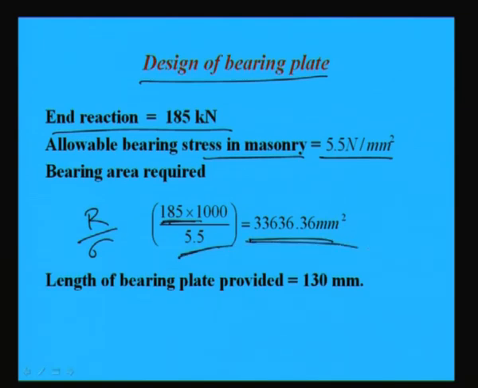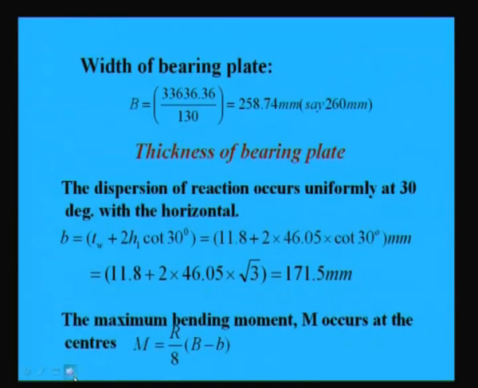This is the area required. The length of bearing provided is 130 mm, so we can find the width, which will be the total area by 130. This is coming 258, so we can use 260.